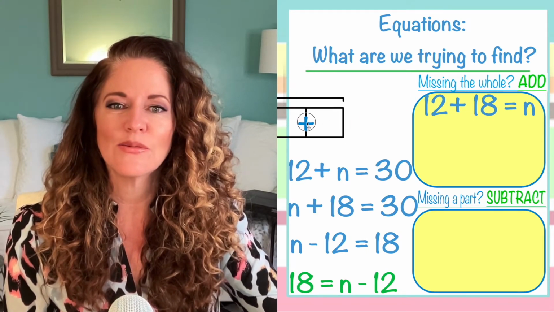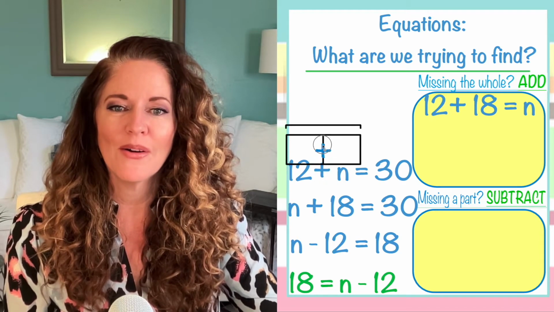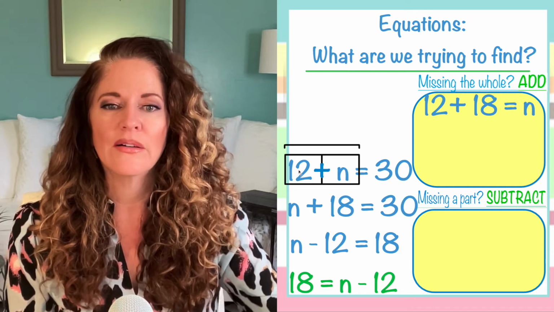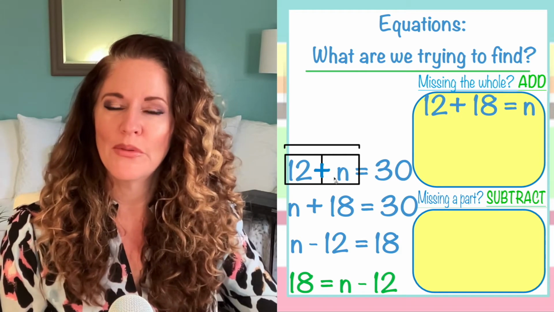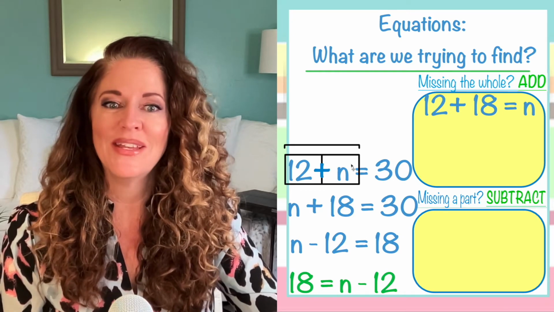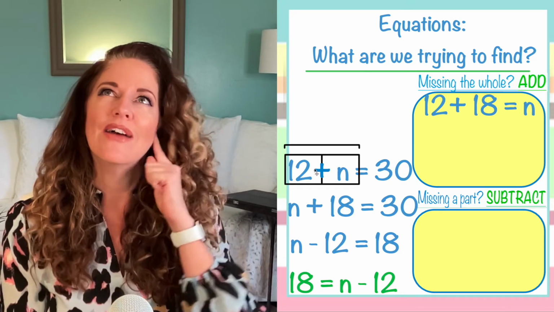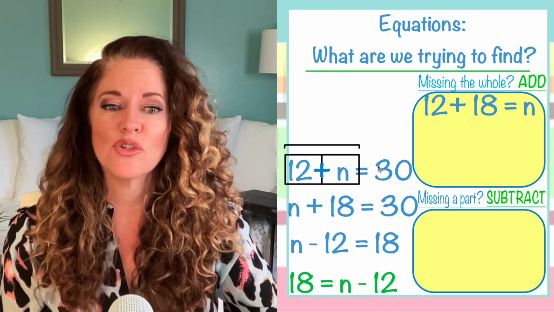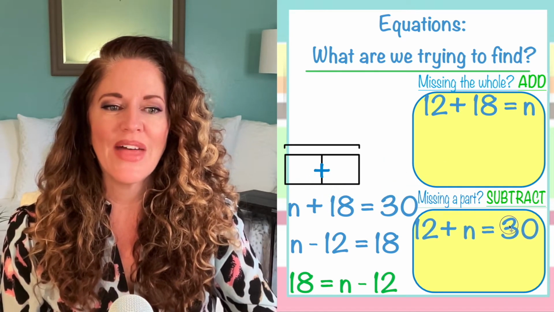Let's look at this next one. I'm going to go ahead and put my part whole. I know those plus signs tell me those are my two parts. So look, do I know both of those parts? I don't. My unknown is inside of one of my parts. If I'm missing a part, I subtract. So I need to put that over here.